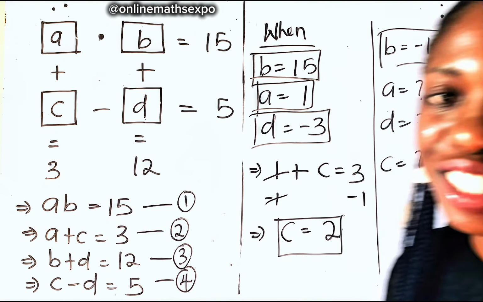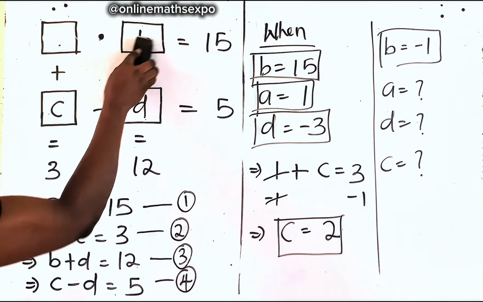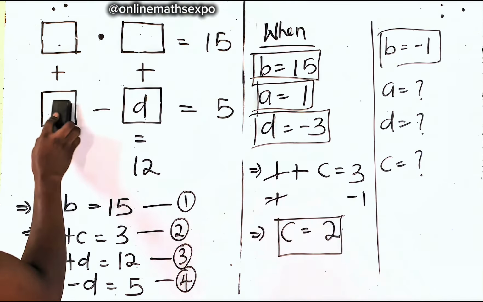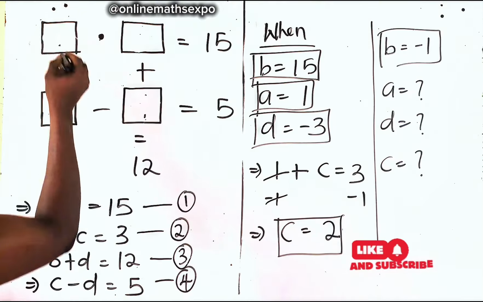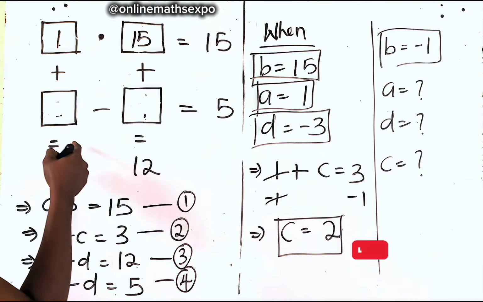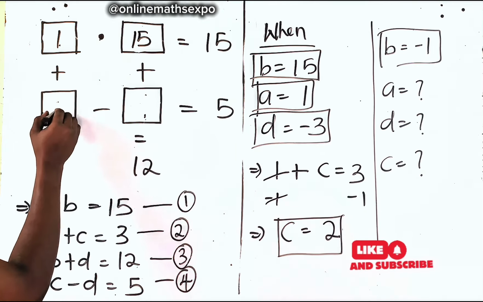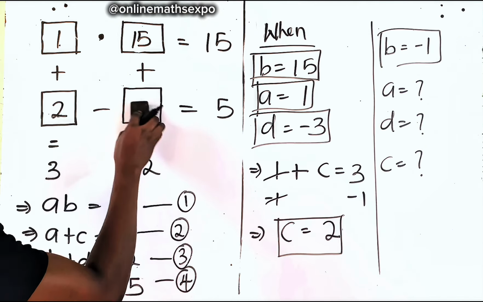Now let's do a check to know if what we did was right. Let's put in the values we have gotten. Our a is 1, our b is 15, our c is 2, and our d is negative 3.